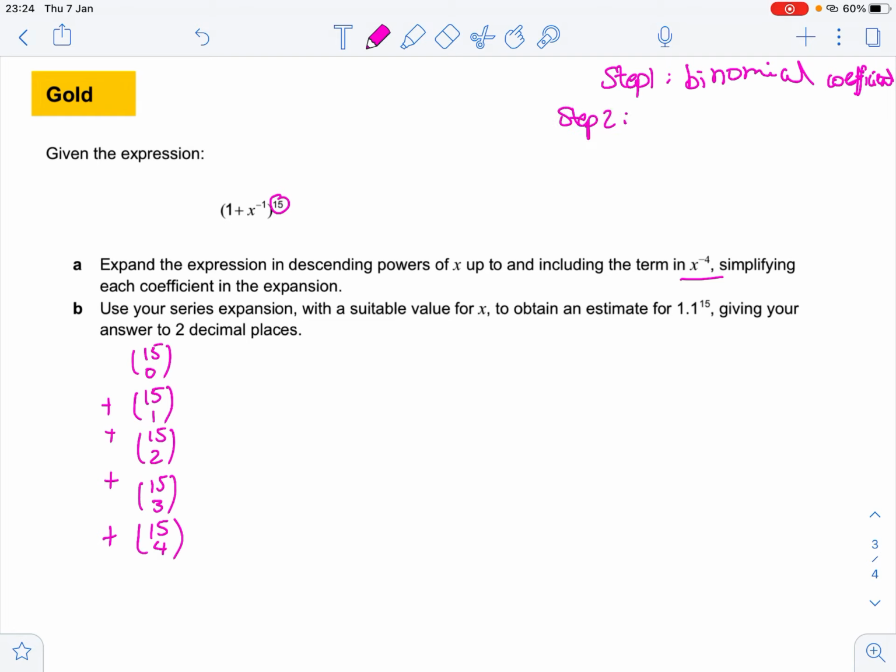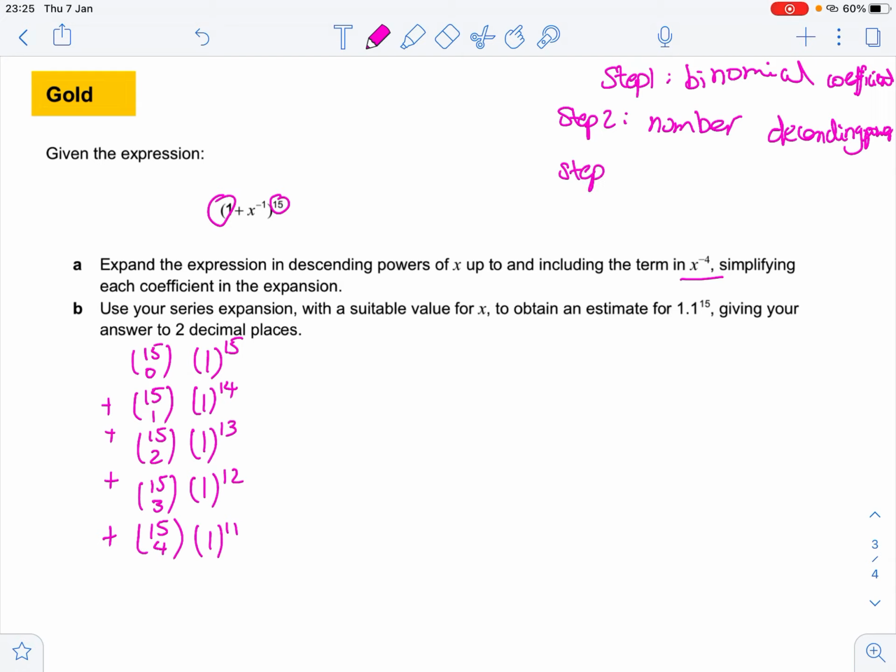Then step 2, you're looking at your number, so numbers in ascending power, and numbers in descending power. So my number is 1, so it'll just be 1 to the power of 15, 1 to the power of 14, 1 to the power of 13, 1 to the power of 12, 1 to the power of 11.